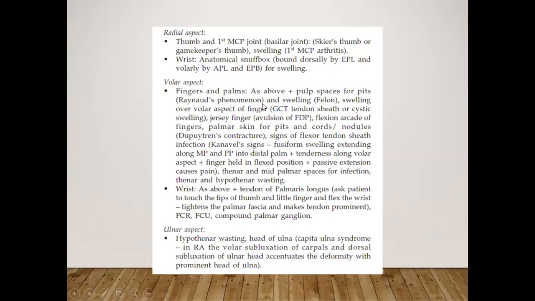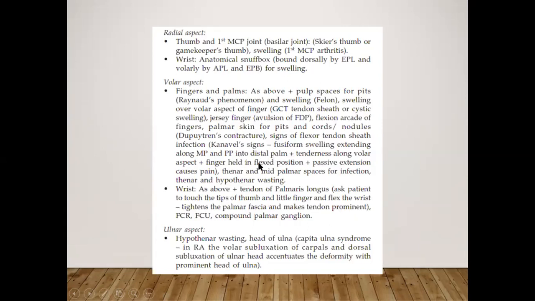And also inspect the pulp spaces of the fingers, see whether there's any Raynaud's phenomenon, see whether there's any swelling, and look for palmar skin pits, Dupuytren's contracture, and Kanavel's sign. Kanavel's sign is nothing but a fusiform swelling extending along the metacarpophalangeal joint and along the phalanges, because that is a sign of infection.